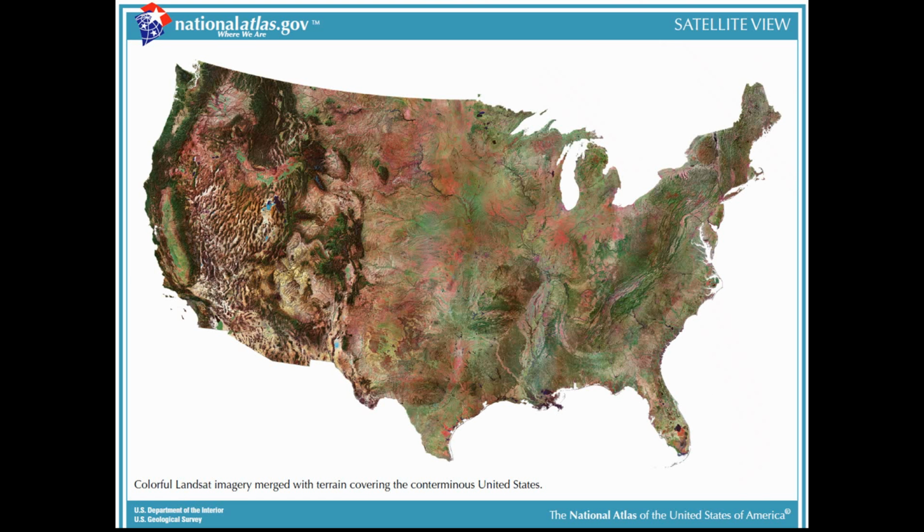As an example, here's a satellite view of the lower 48 states of the United States of America. Let's assume that this satellite picture represents reality. So the question is, how can we simplify and conceptualize this picture of reality for our purpose? What if we want to conceptualize the USA as a basic reference map that only shows the boundary of the United States of America, its individual state boundaries, water features, and major roads?